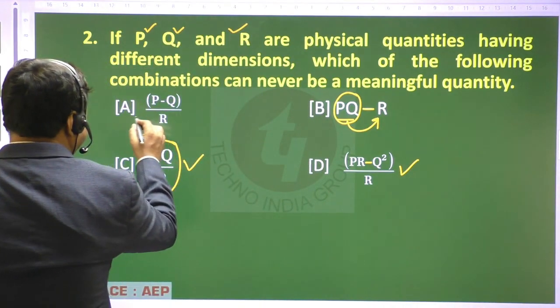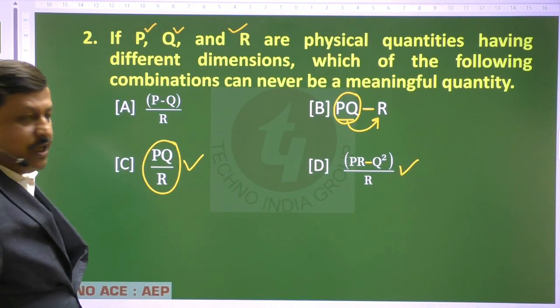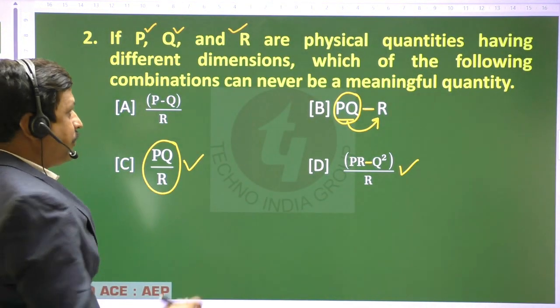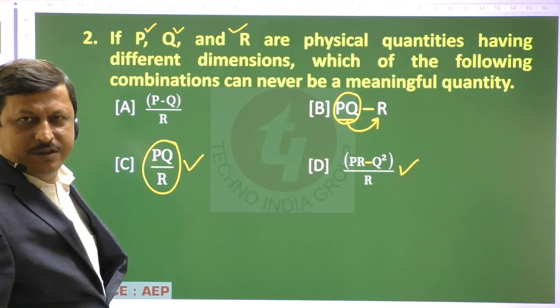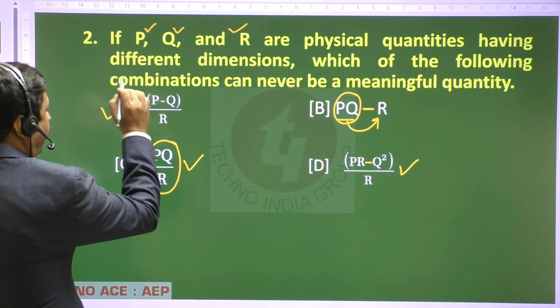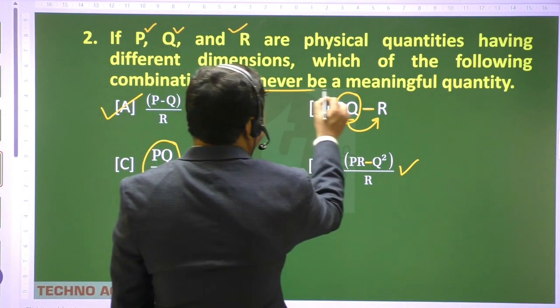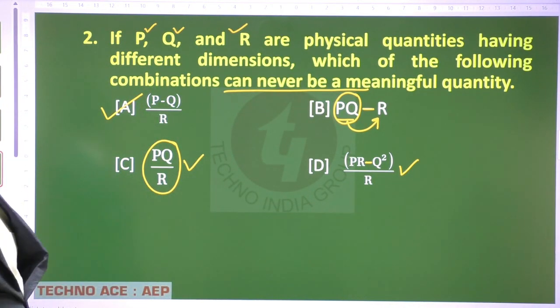But in option A, there is P minus Q, which is not possible if P and Q have different dimensions. So this is not meaningful. So option A is correct. This can never be a meaningful quantity.